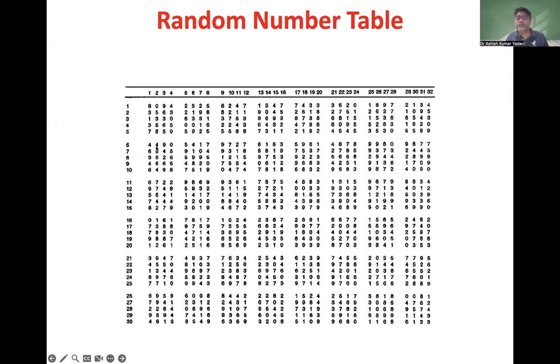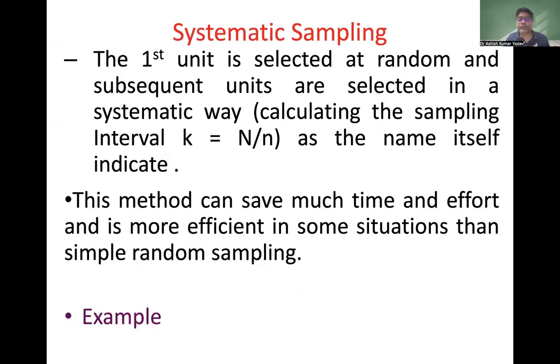If we move vertically, we have the first selection as 44, second as 66, third as 36, then 48, 64, and like that we can choose all the 10 selections. Often these random number tables are computer generated, and the principle behind them is that each and every unit has an equal likelihood of being included in our sample.